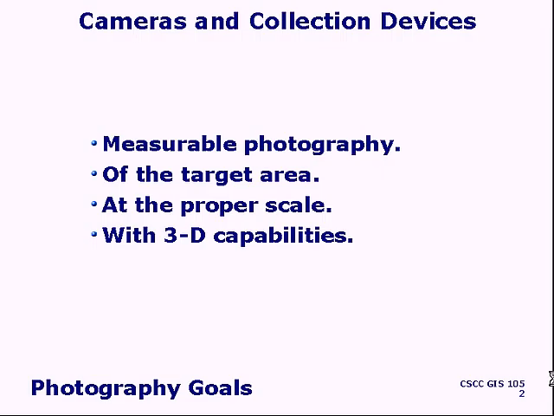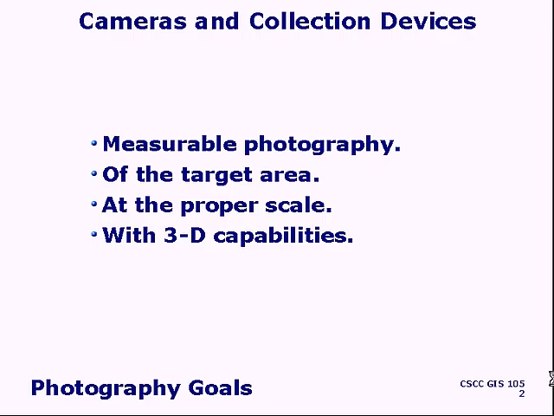First of all, it has to be measurable photography. By that I mean that the angles and distances in the photograph have to accurately reproduce what happens in real life in very, very accurate forms. And we'll see how that's done.